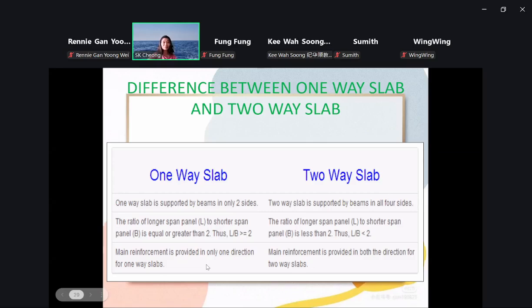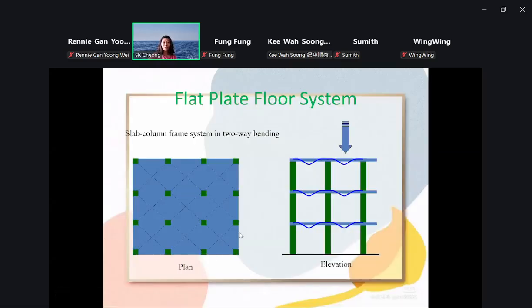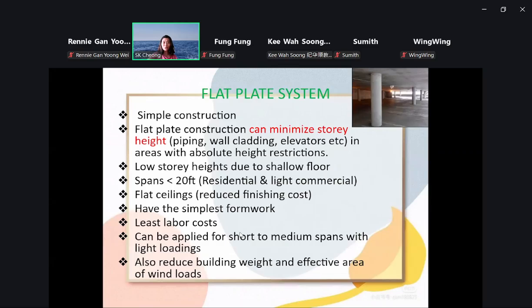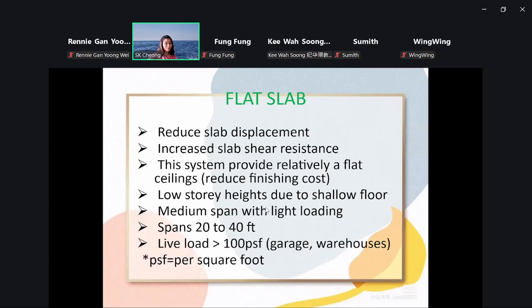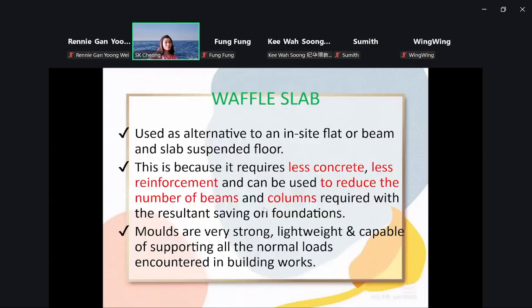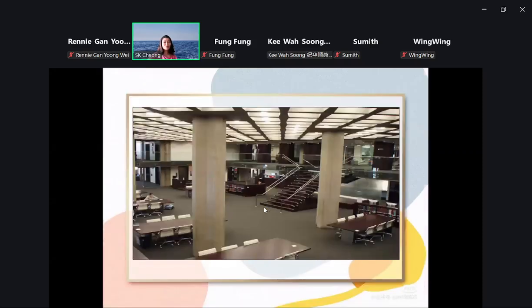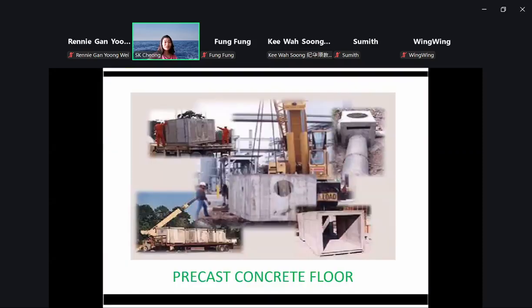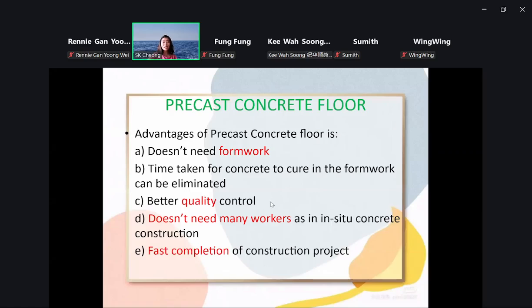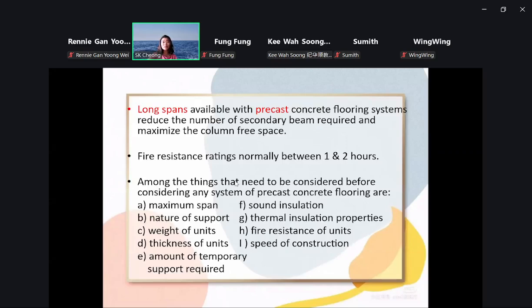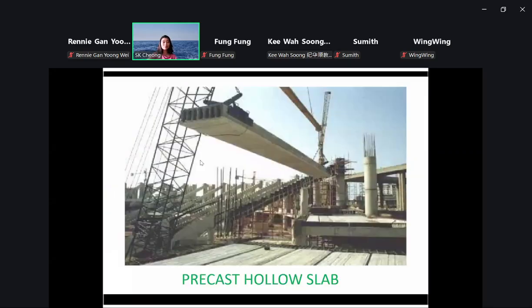Okay, what else? These are more to show you types of the system. No, this is for your understanding, precast. So showing you types of floor, you have precast. So advantages, no, yeah, types.